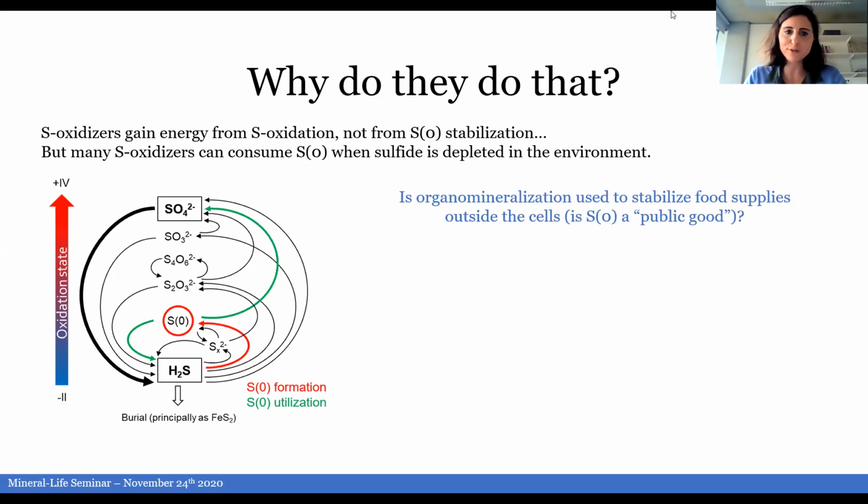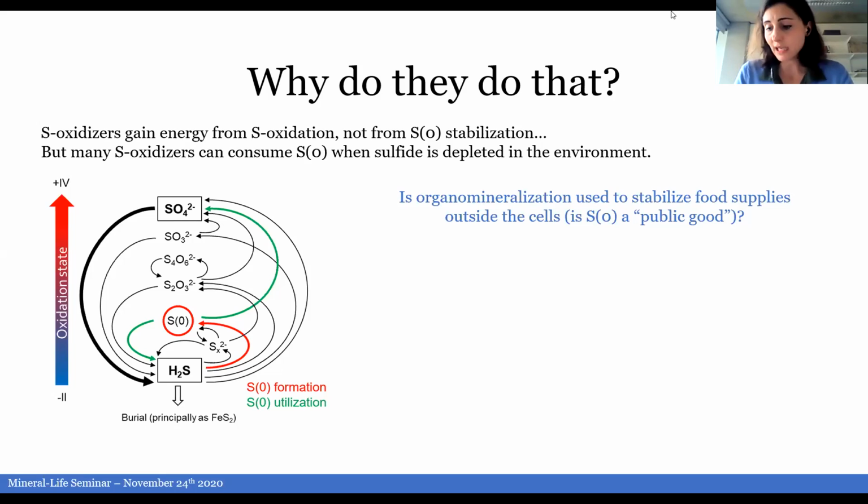For example, how do you deal with cheaters? A cheater would be a microbe that is not spending all the energy to produce the extracellular organics to stabilize the sulfur, but that still takes advantage of this sulfur by consuming it.